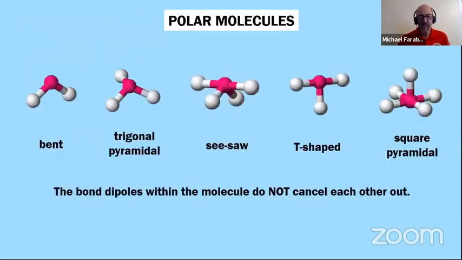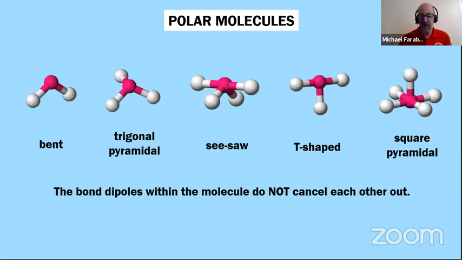Now, I will say, as we finish this conversation and move on to intermolecular forces, one last thing about shapes. All of the molecules here would be considered polar because the bond dipoles do not cancel out. So geometry that's bent, trigonal pyramidal, seesaw, T-shaped, and square pyramidal, it doesn't matter what those atoms are.